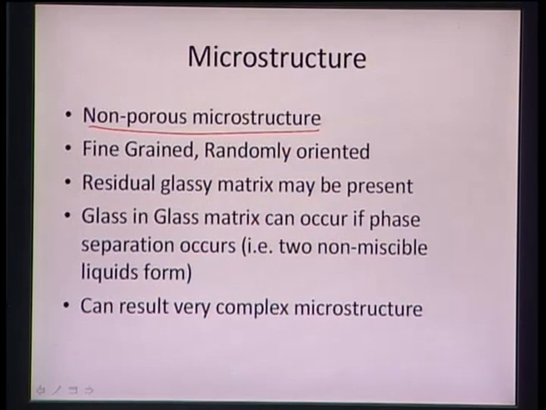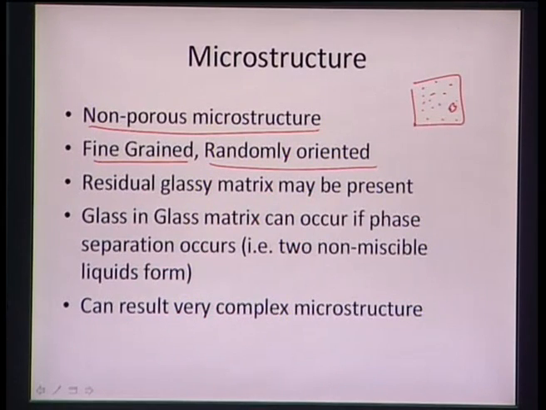So in this particular case we can get a non-porous microstructure, and we can get grains which are very fine. At the same time they are randomly oriented, because in this case we had a liquid and there was no particular location where the grains would nucleate; they get nucleated at random locations, and that is the reason they are also randomly oriented.